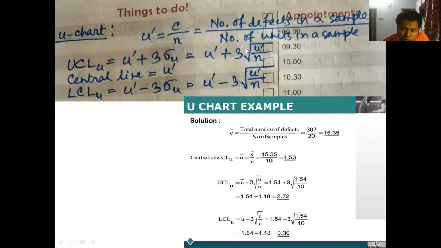The U chart is also based on Poisson distribution, and it is used when your subgroup size will not be equal, and the formula is like this. Let's take a look at the example, and the idea will be clear.